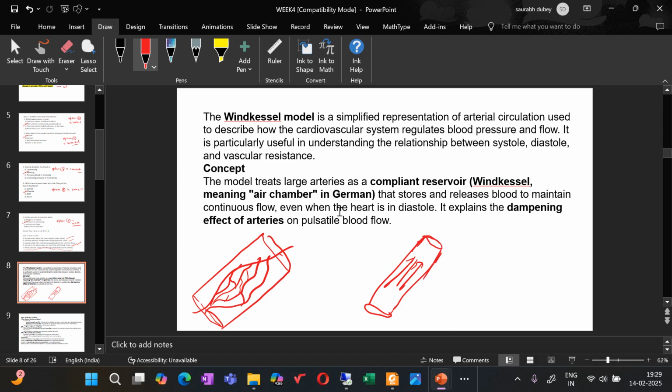The model treats large arteries as a compliant reservoir, which is this Windkessel model. Windkessel means air chamber in German, right? That stores and releases blood to maintain continuous flow, even when the heart is in diastole condition. It explains the dampening effect of the arteries on the pulsatile flow.